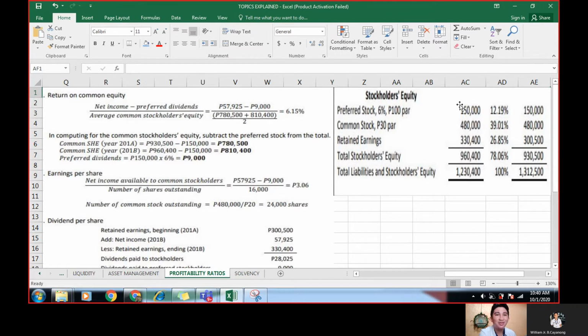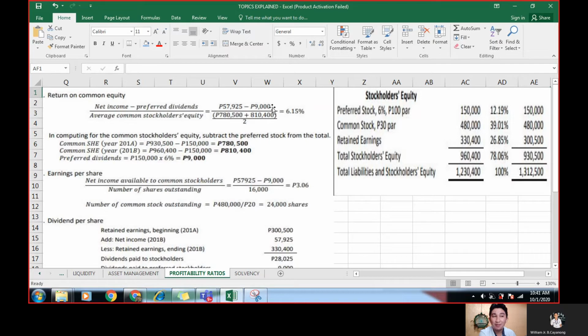So, therefore, we need to multiply 150,000 times the dividend rate of your preferred shares. Pag sinabi nating preferred shares as to common shares, siya yung preferred na unang bigyan in terms of dividends. Kasi nga, di ba, preferred siya. Preference shares. Okay? So, ayan. Ito na. Preferred dividends, 150,000 times 6% is 9,000. So, therefore, iaakyat natin siya sa formula.